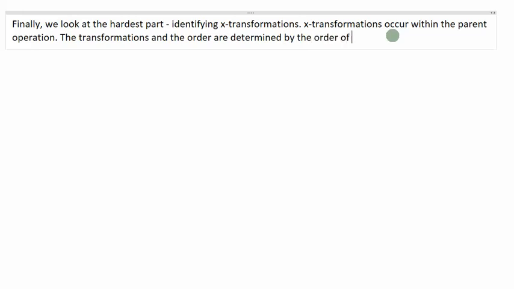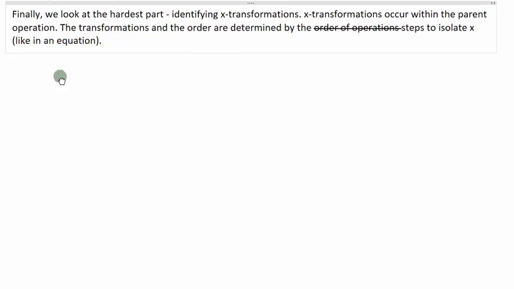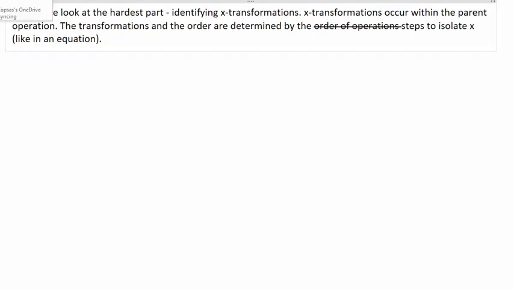So let me write this, and mark it out so we don't accidentally do that, because that's a mistake everybody makes. It's determined by, not what you would expect, the steps to isolate x, like in an equation. Okay, so it's not bad at all once you understand it. Okay, so let's go grab our same functions and do this again.